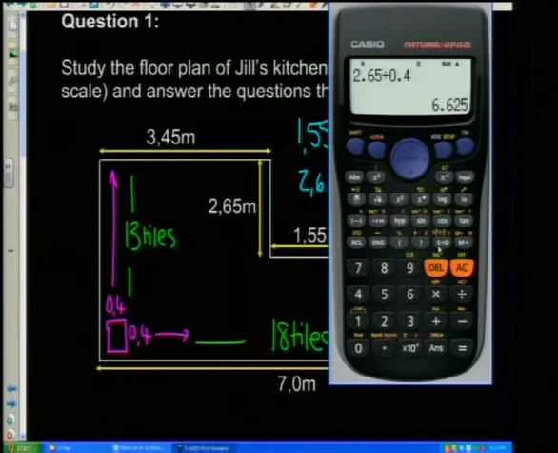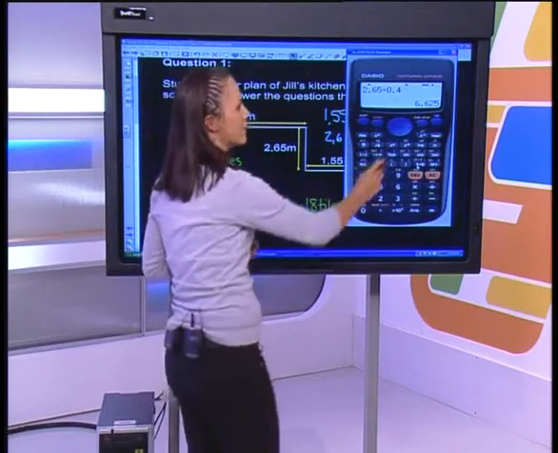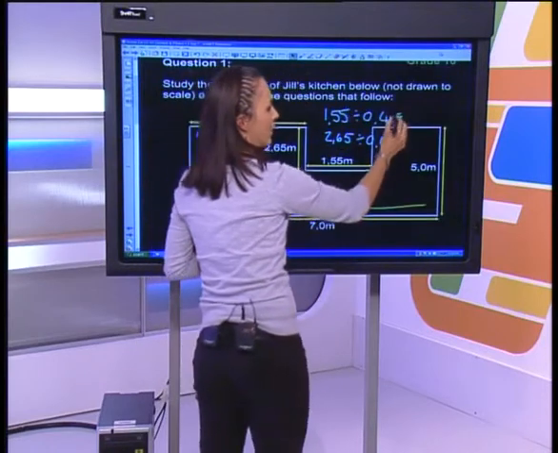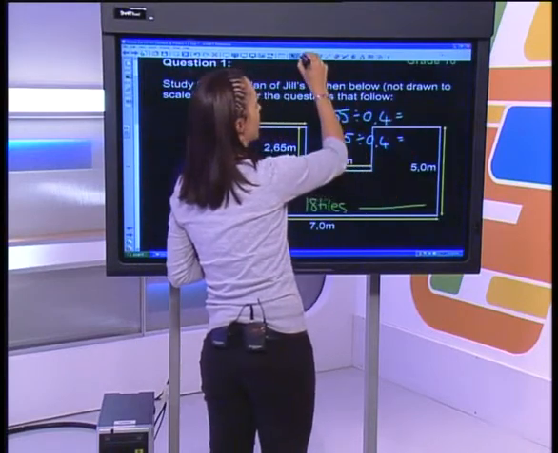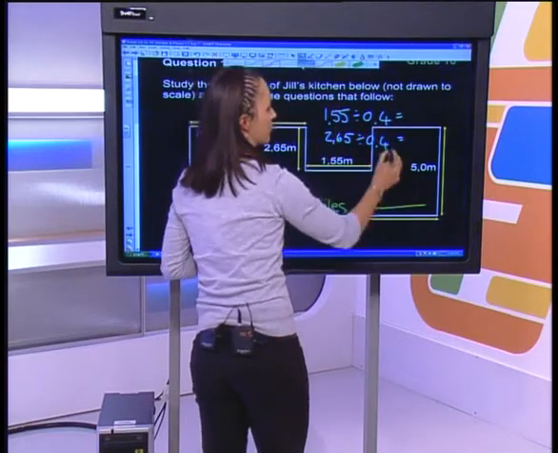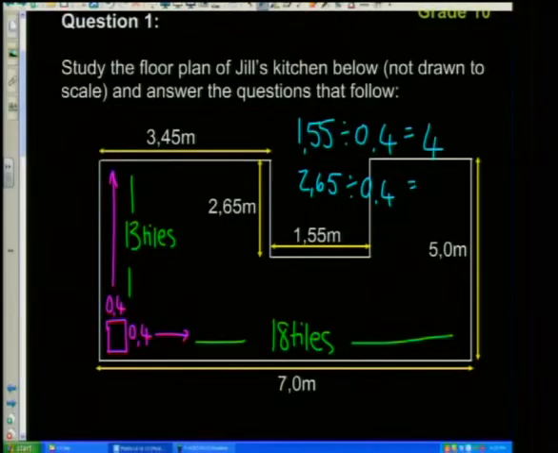And in that situation, you look at 6.625, which we're going to then round up to 7, all right? So this answer, when we rounded it up, gave us 4 tiles, and this gave us 7 tiles. Okay, so 7 tiles across the length, 4 tiles across the width.